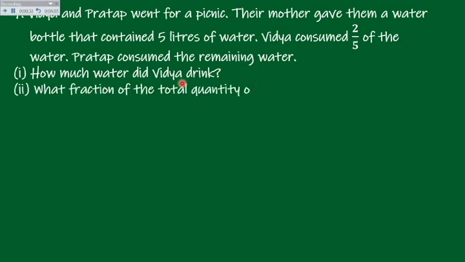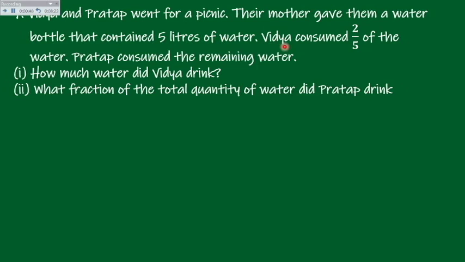First part is, how much water did Vidya drink and what fraction of the total quantity of water did Pratap drink? Okay. So first here we have seen the total quantity of water is 5 liters, which is kept in a bottle. Out of this, Vidya consumed 2 upon 5 of the water.